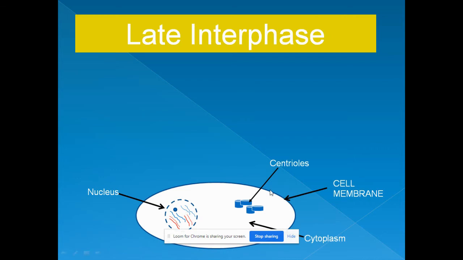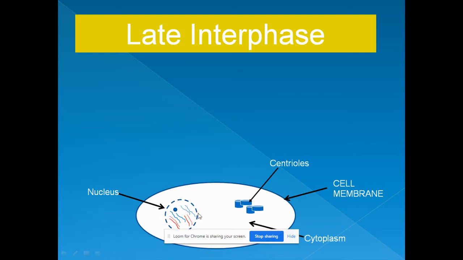Well, what happens in the late interphase? In the late interphase, you still have your cell membrane and the cytoplasm. Your centrioles are duplicated, and the nucleus starts disappearing. Actually, the nucleus disappearing is the first sign that you are going to the cell duplication, or if you prefer, the mitosis.